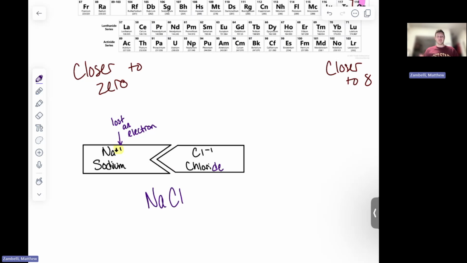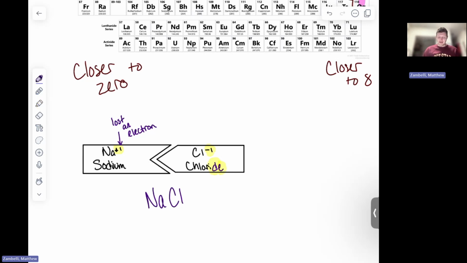When it's a compound, we change the ending to IDE. So that's why you see on all those puzzle pieces, it says IDE, because the chlorine became an ion when it gained an electron. I apologize, I said lost earlier.